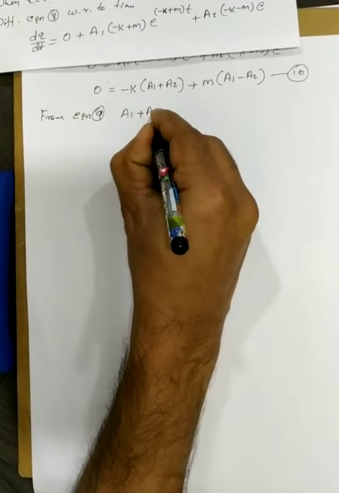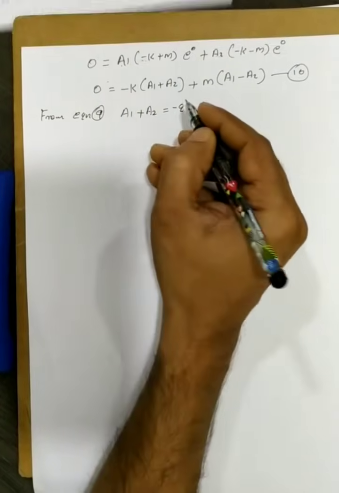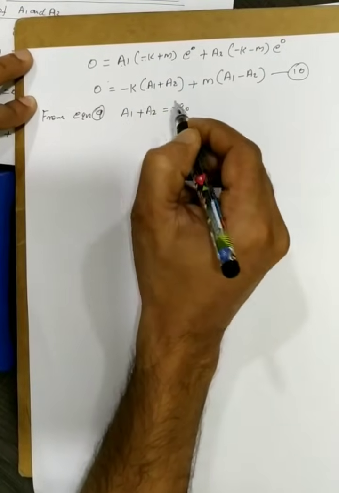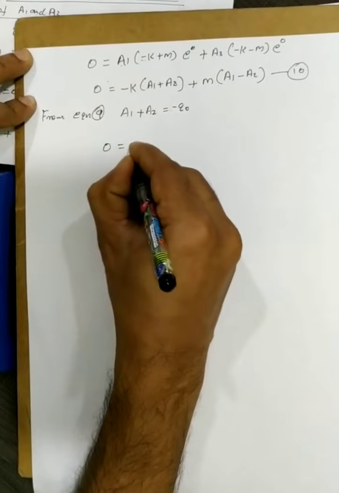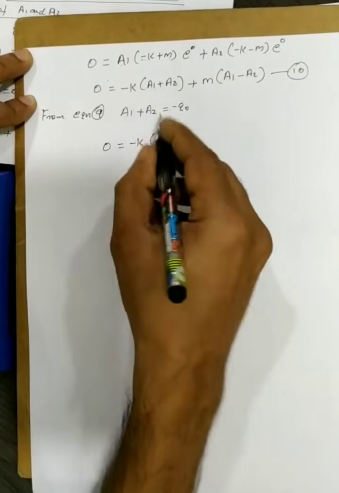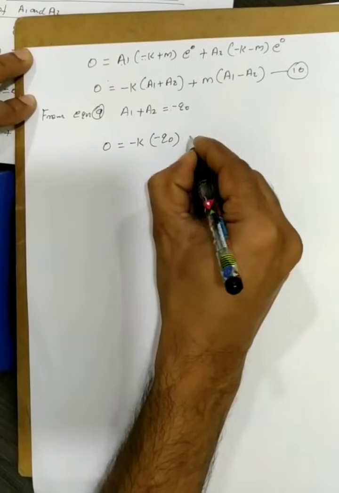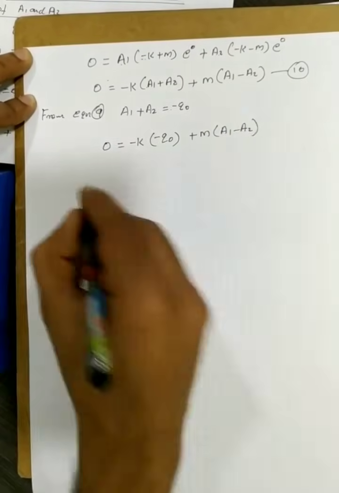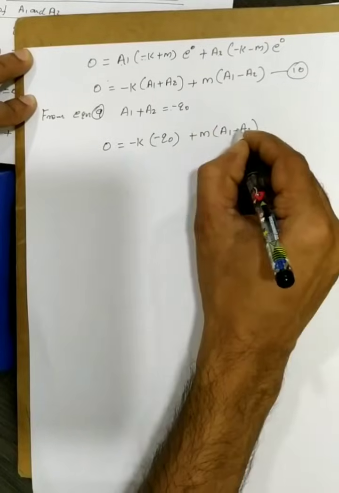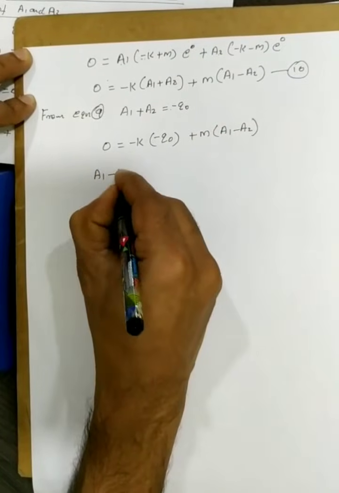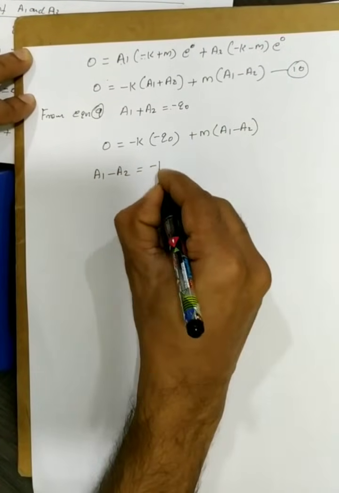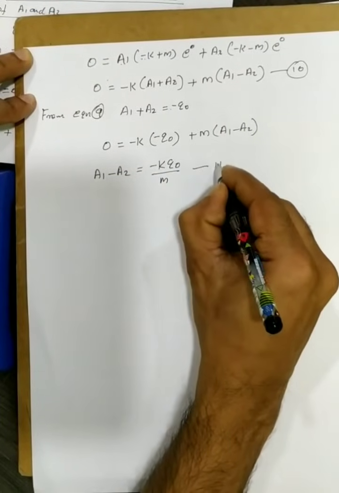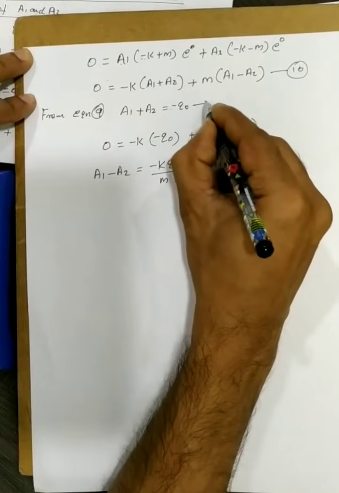Substituting A1 plus A2 equal to minus Q0 in equation 10, we get 0 is equal to minus k times (minus Q0) plus m times (A1 minus A2). Rearranging, A1 minus A2 is equal to minus kQ0 divided by m. This is equation 11.